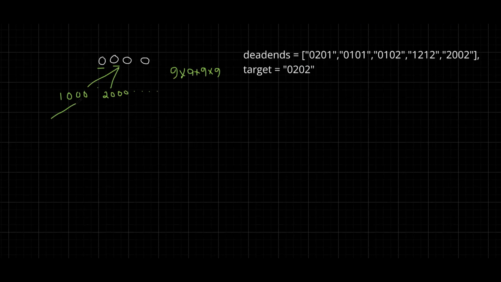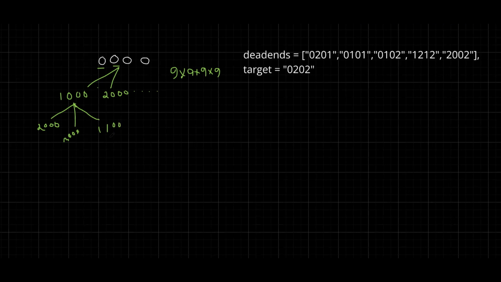Now from this we can make it 2 0 0 0, 3 0 0 0, and 1 1 0 0, and so on.